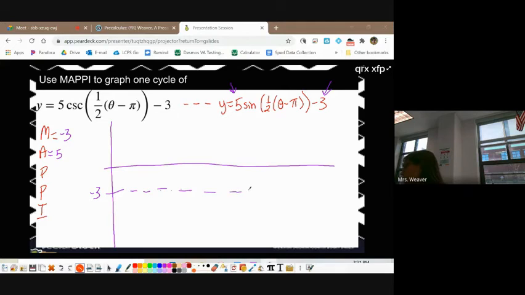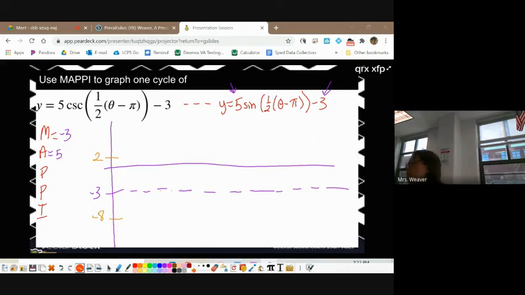So I'll draw in my midline. My amplitude is 5, so I'm going to go up 5 to my maximum at +2 and down 5 to my minimum at -8. And I'm going to draw those a little closer in so that I have more room to flip out my graph.